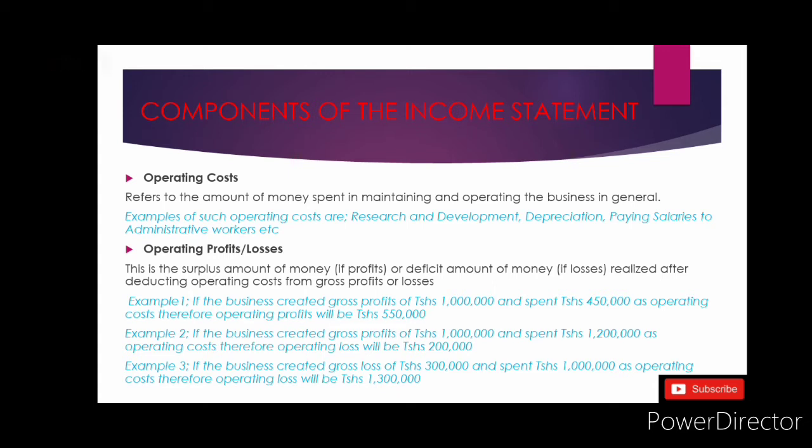Example 2: if the business created gross profits of 1 million shillings and spent 1.2 million shillings as operating costs, then the operating loss will be 200,000 shillings. And lastly, example 3: if a business created a gross loss of 300,000 and spent 1 million shillings as operating costs, then the operating loss will be 1.3 million shillings.